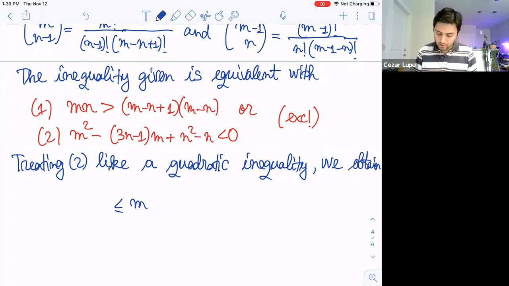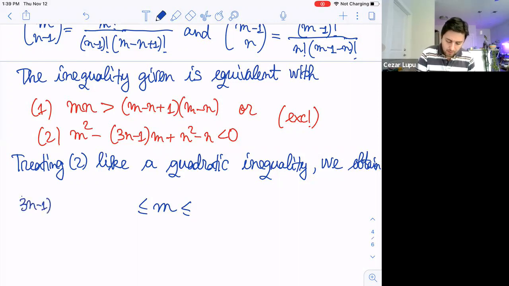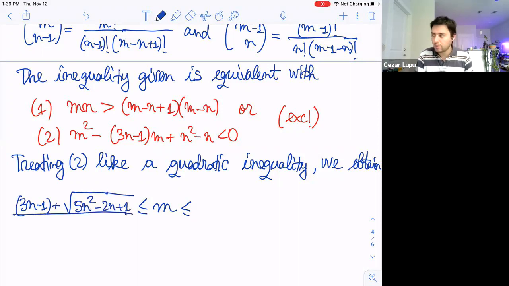So m will be between something like (3n minus 1 plus a square root of 5n squared minus 2n plus 1), everything over 2, and this will be less or equal than 3n minus 1.